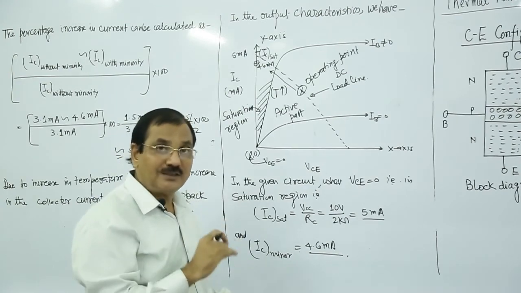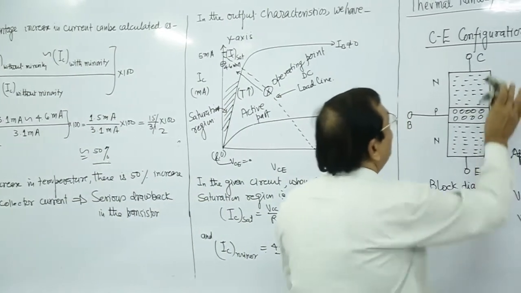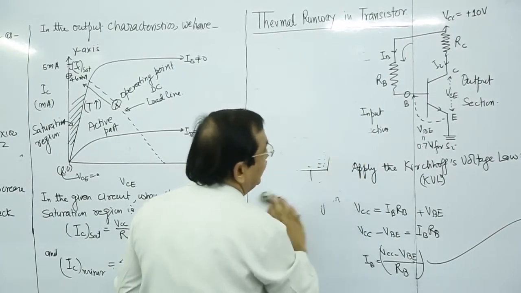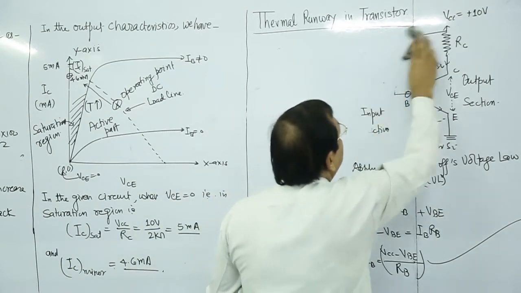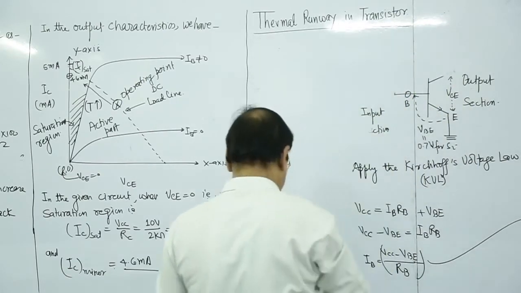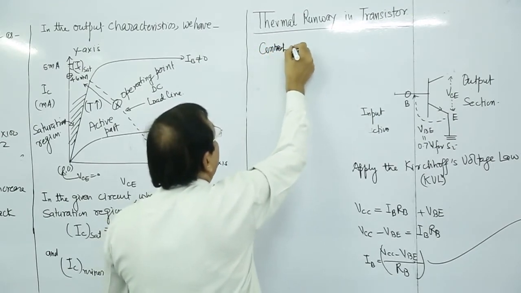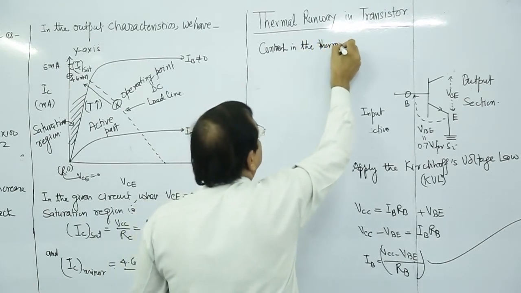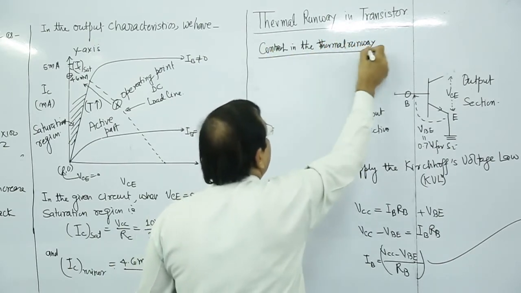Now, how to control this? In order to control this, we change the circuit by using a control mechanism, something like this. We have to control the thermal runaway.